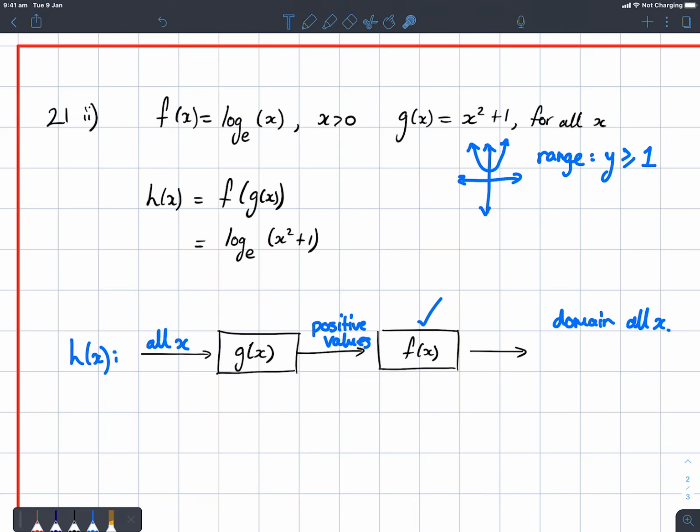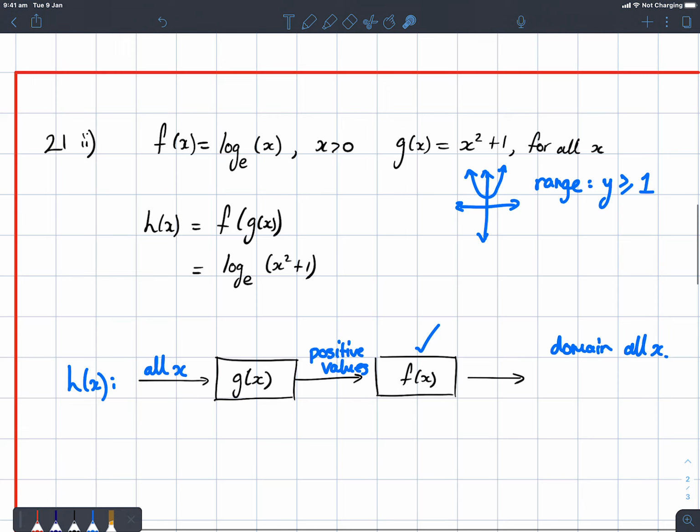It's concave up and shifted up 1 unit. So because its range is greater than or equal to 1, all of its values become positive values, and because all of its outputs are positive values, that means our input for f of x is going to be larger than 0. So that's why this domain is now all of x.